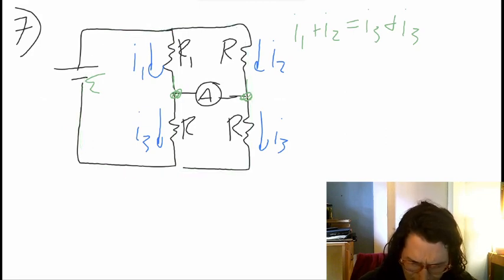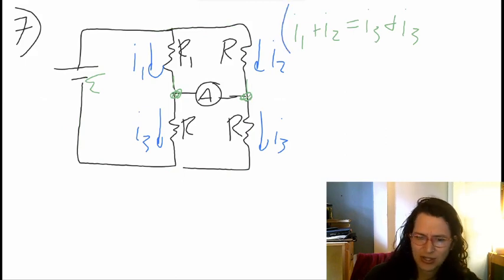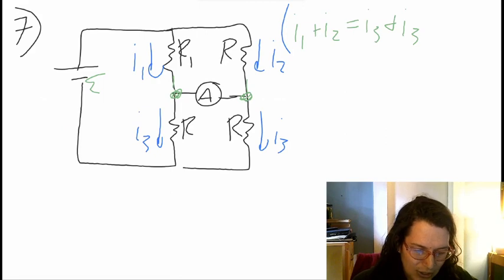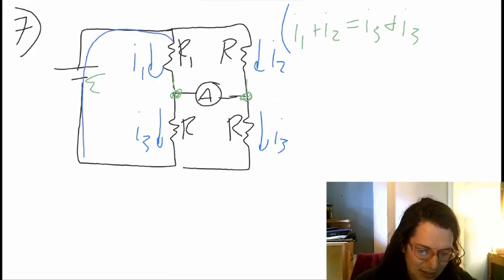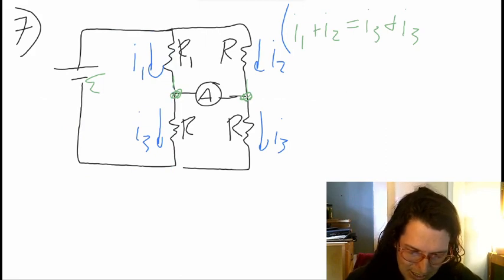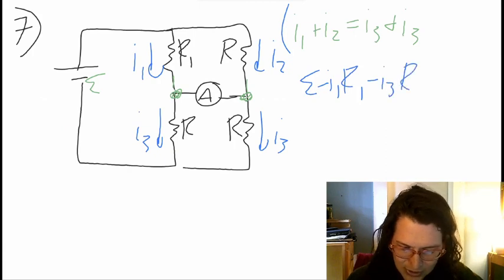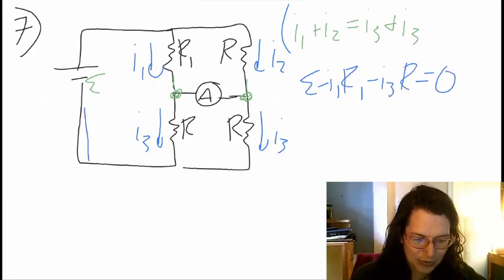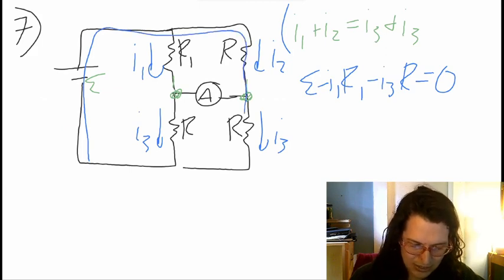I think that'll be enough, because I have 3 unknowns, so I need 3 equations total. For the first loop, I have epsilon minus I1R1 minus I3R, which has to be equal to 0. And then my other loop is around the outside, so I have epsilon minus I2R minus I3R.